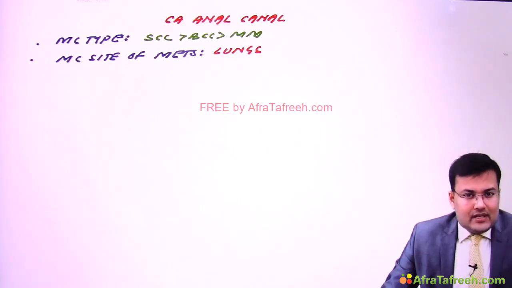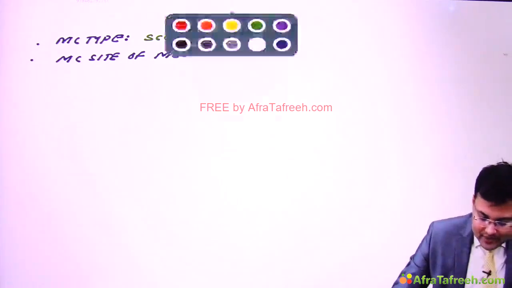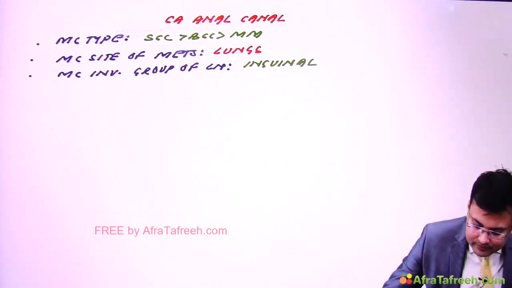Another important point: in perineal malignancies, which include carcinoma anal canal, carcinoma penis, and carcinoma scrotum, which lymph node group is most commonly involved? In all these cases, it is the inguinal lymph nodes. So here also, the most commonly involved group of lymph nodes is inguinal, like any other perineal malignancy.